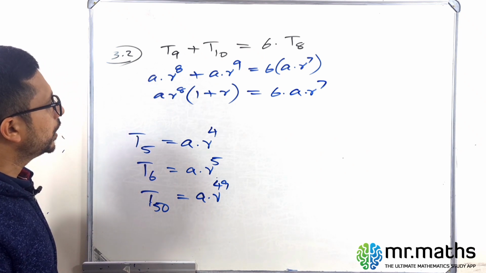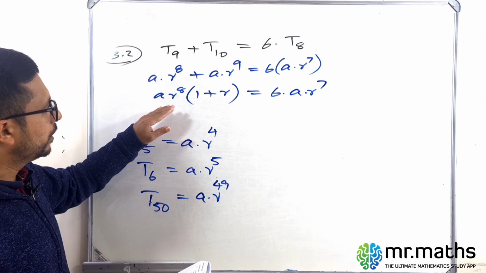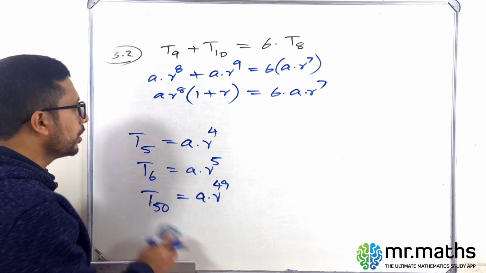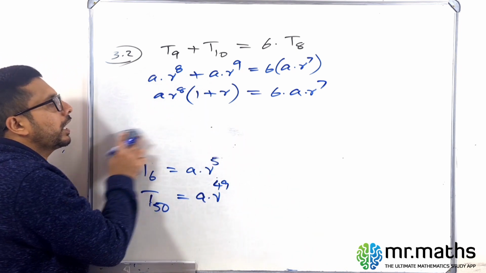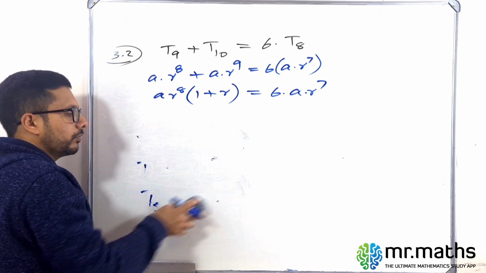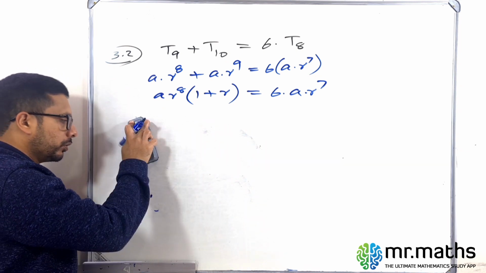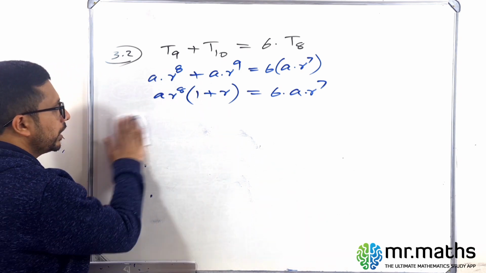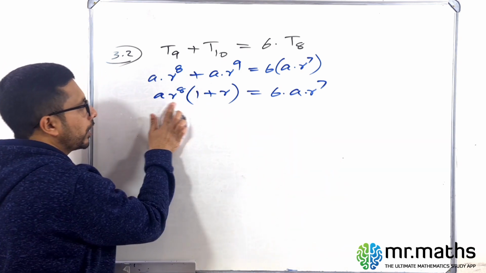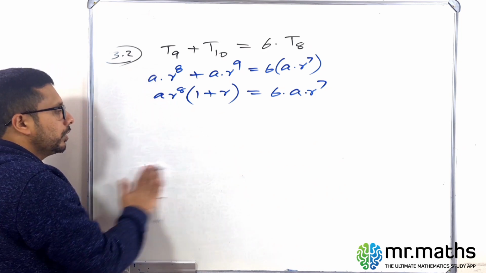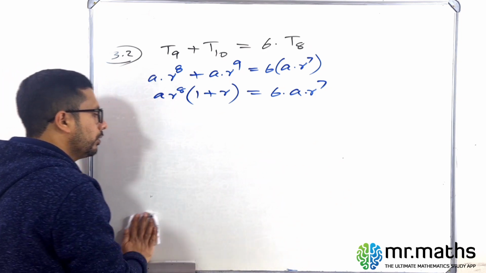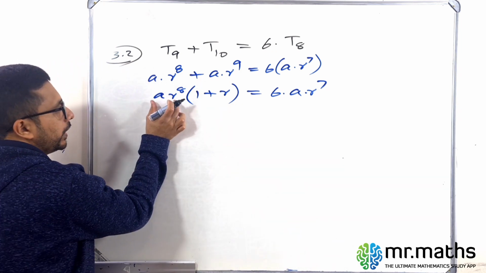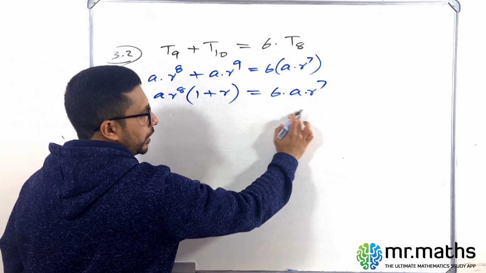Now look at this one. This is multiplication. Bracket stands for multiplication. Am I right? So if I want to take that a r raised to 8 to the other side, what must I do? Multiplication on this side, so on the other side it is division. So if I take this one to this side, it is division on the denominator.